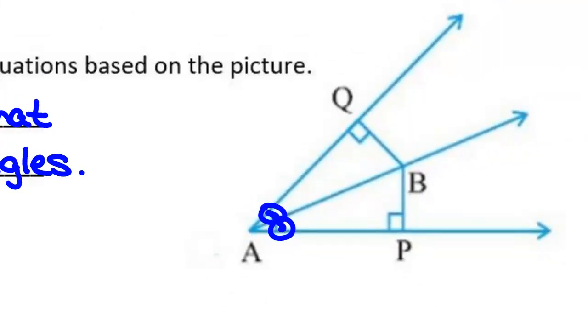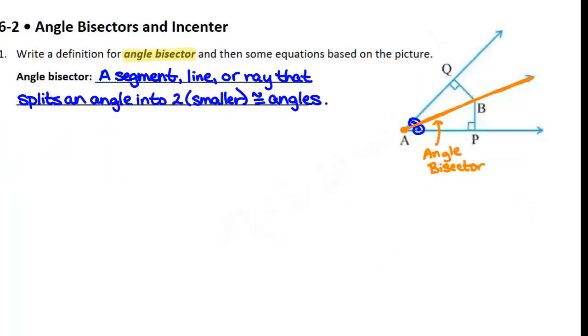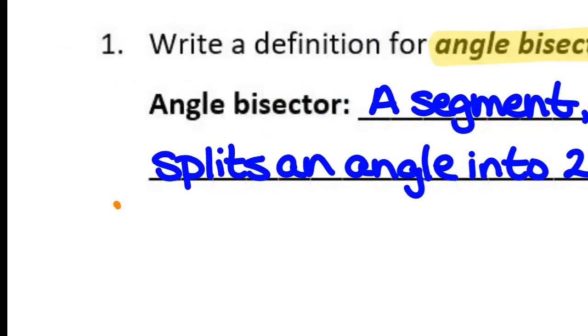Because these two angles are congruent, that means that this ray right here, ray AB, is an angle bisector. So that's the first thing that we're going to write down over here. Ray AB is an angle bisector.